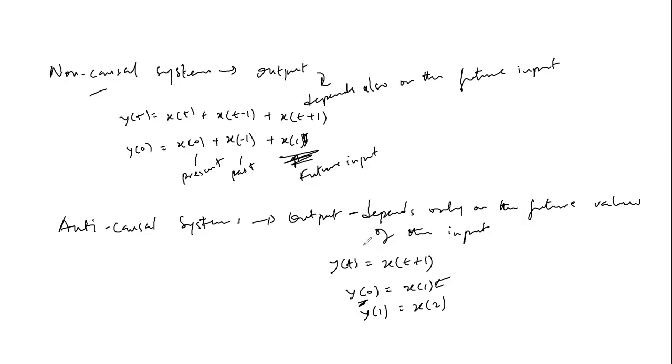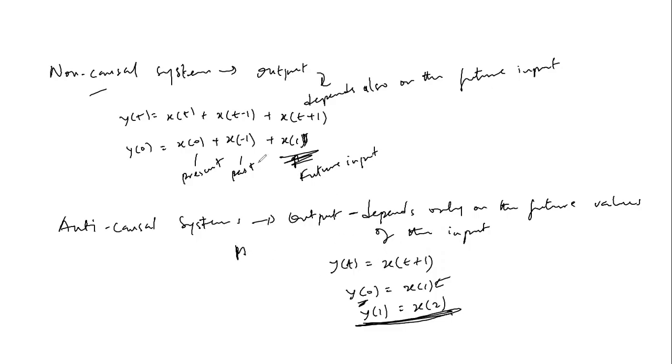And you see that non-causal systems could be anti-causal. All, how do I put it now? Say all non-causal systems may not necessarily be anti-causal, largely because this is a non-causal system, but it is anti-causal.